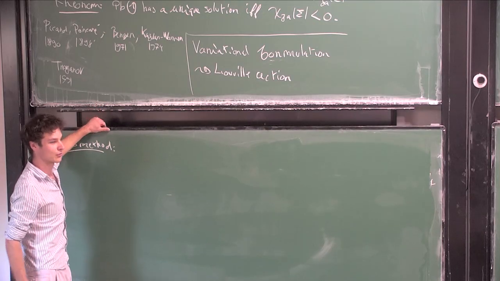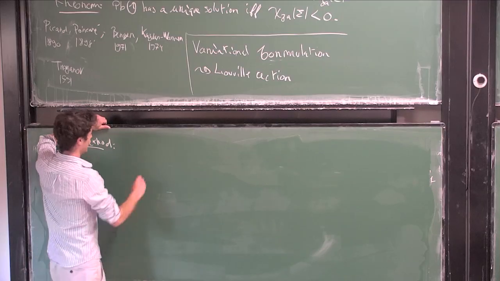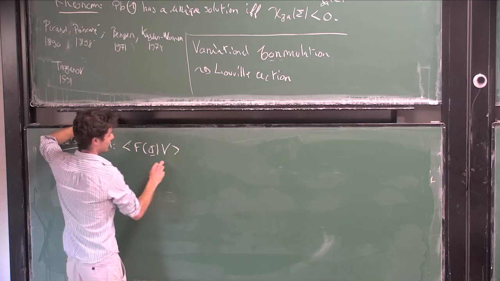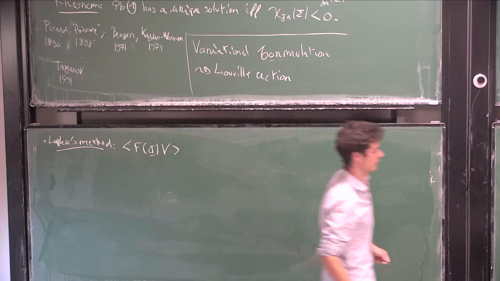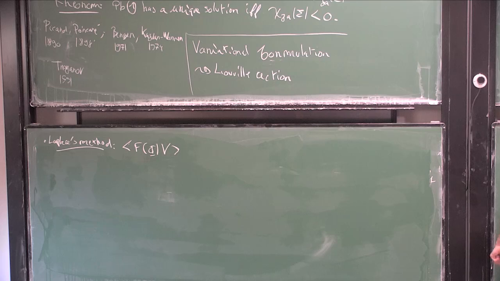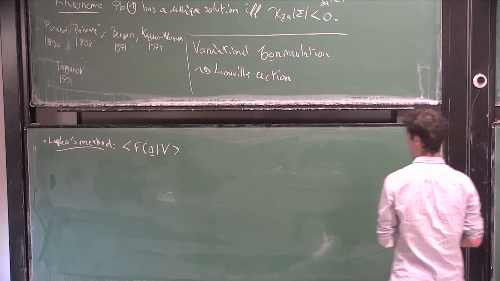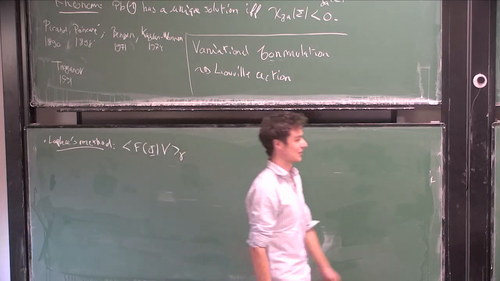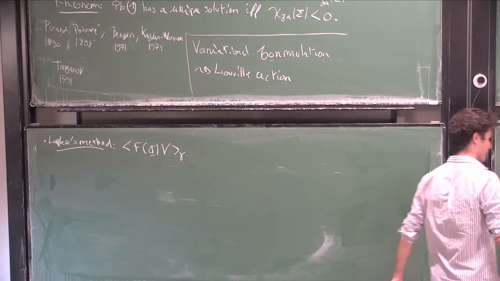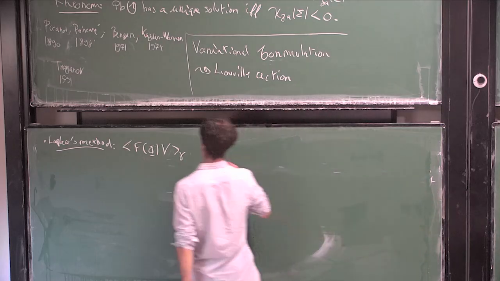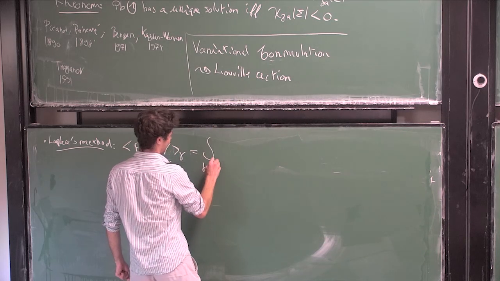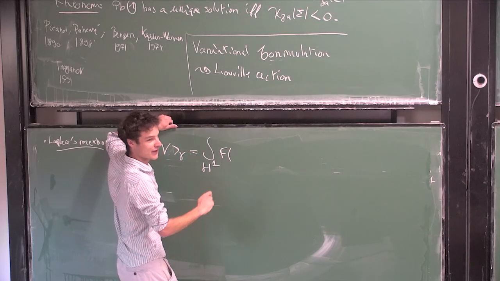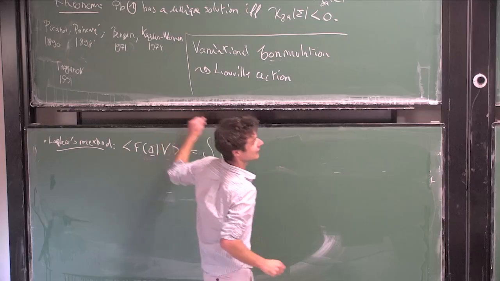So a way to see that is, if you do the Laplace method when you integrate, you can make a change of variable. You make a change of variable, phi goes to phi plus 1 over gamma in the classical field.